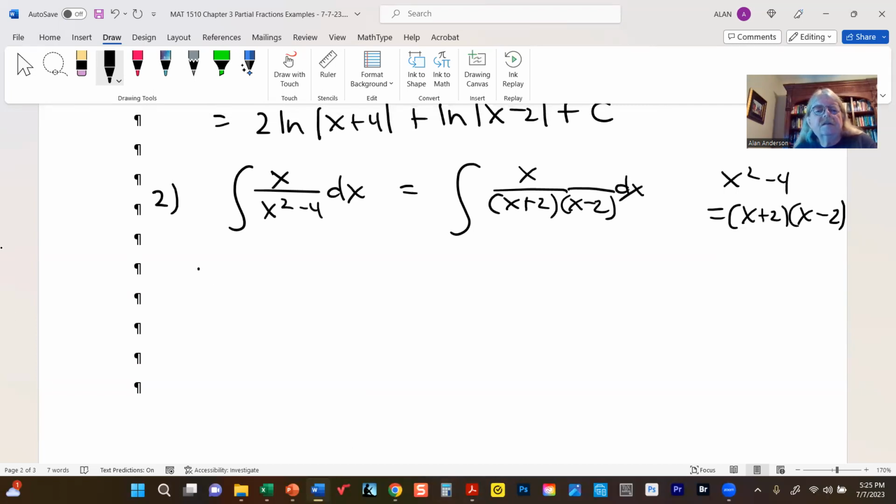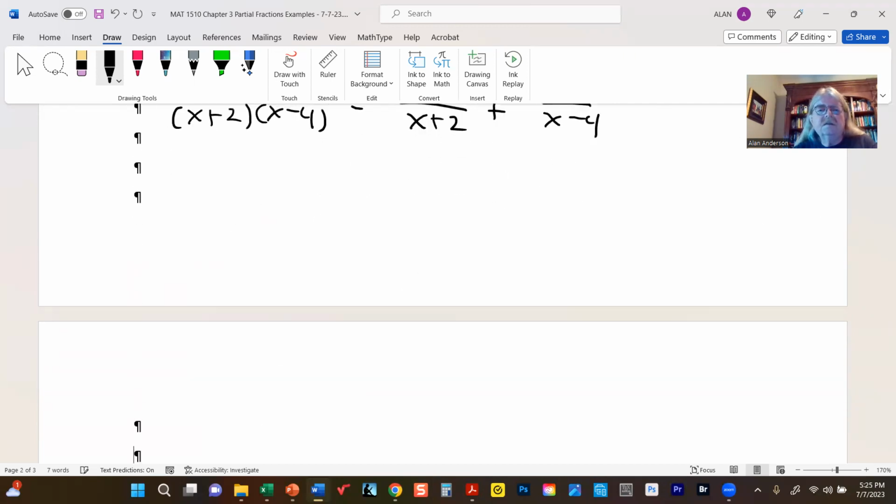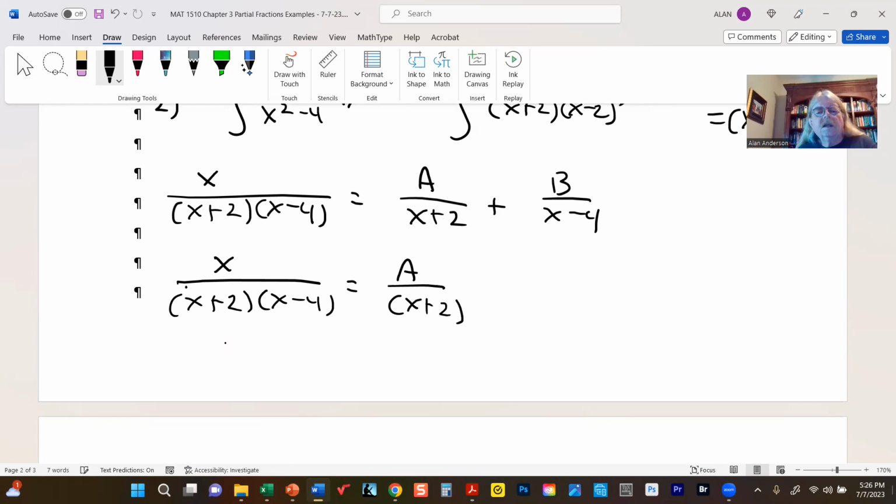We have, so we need a common denominator for both sides of the equation. We'll multiply this term by x minus 4 over x minus 4.